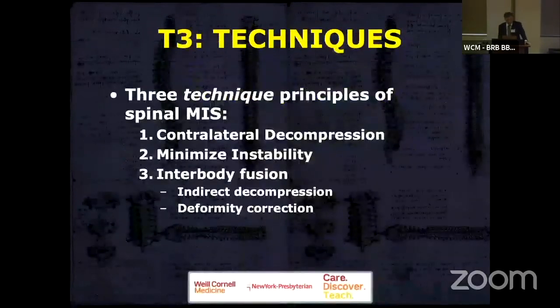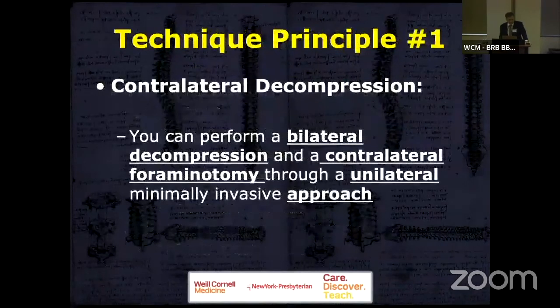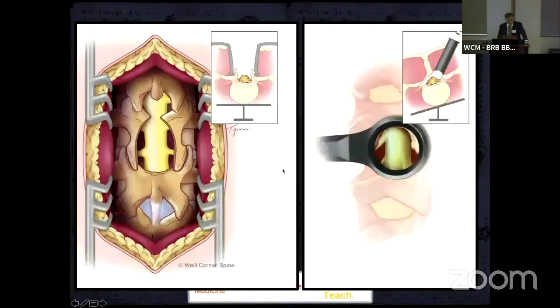So the technique principles are contralateral decompression, minimizing instability, and then interbody fusion, and then navigation maybe. You can do a bilateral decompression through a unilateral approach. The idea is, instead of doing a big old incision with a fair amount of blood loss, where you remove the posterior elements and the bone and get a beautiful decompression, but it's probably not necessary, because you can get the same amount of decompression, and we can see that on Saturday in the lab.